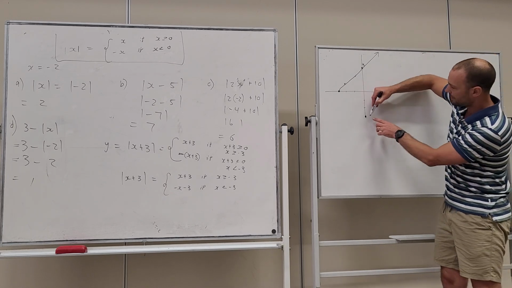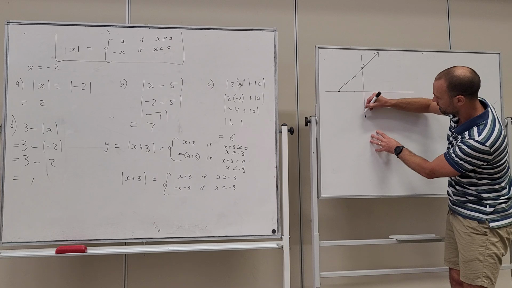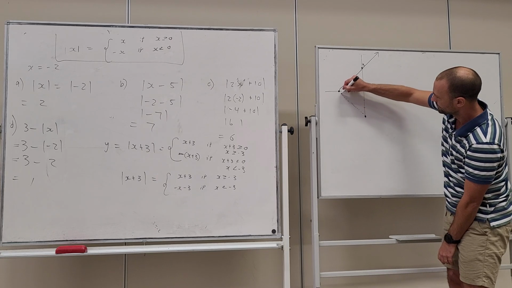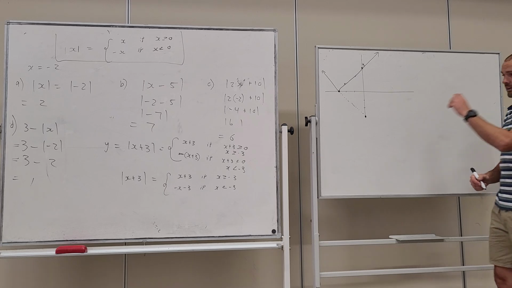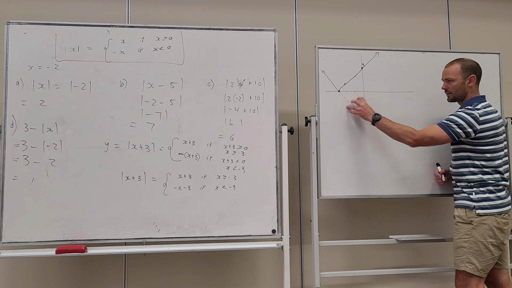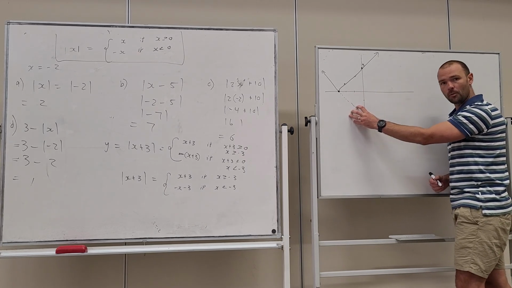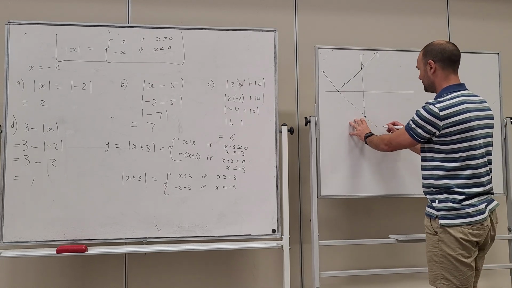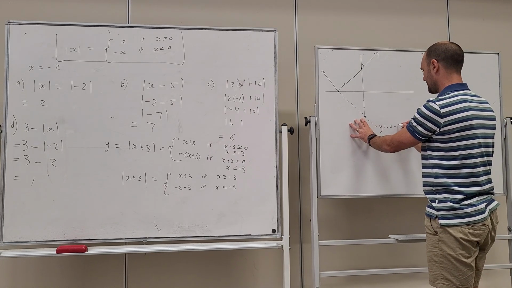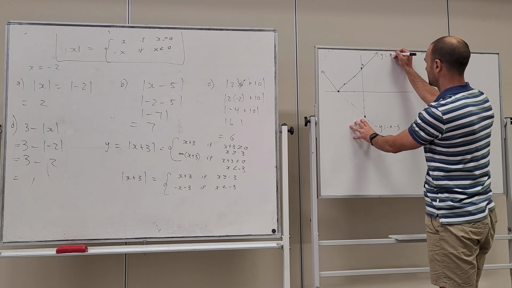It would be a line going like this. I'm going to put it dotted, and then saying that it exists here. Across 1, down 1, negative slope, y-intercept of minus 3. So let's put the dot so we can say minus x take 3, and up here y equals x plus 3.